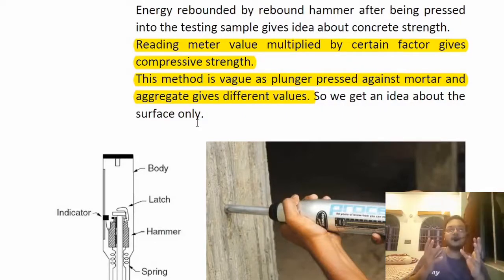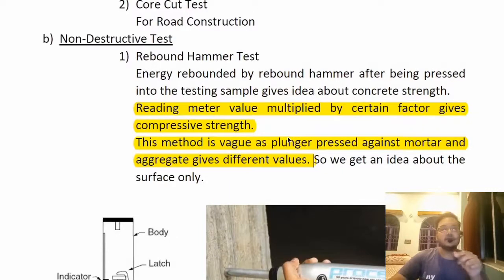What happens actually is that somewhere the number of aggregates might be more, or somewhere there might be more water, and maybe some cavities have formed inside, or somewhere more sand is there. So it is for sure that there won't be homogeneity of that particular specimen, and thus we will get different values when the plunger is pressed against it, which is practically not true.